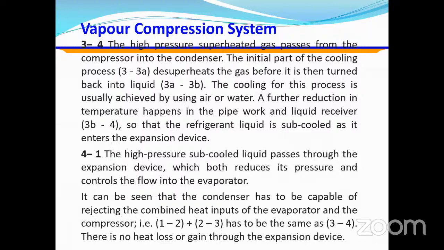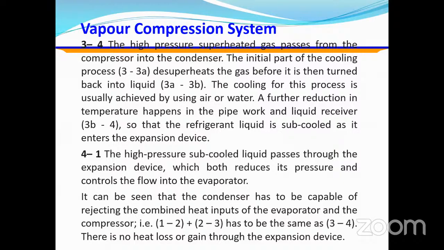The cooling for this process is usually achieved by using air or water. A further reduction in temperature happens in the pipe work and liquid receiver, that is 3B to 4, so that the refrigerant liquid is subcooled as it enters the expansion device.